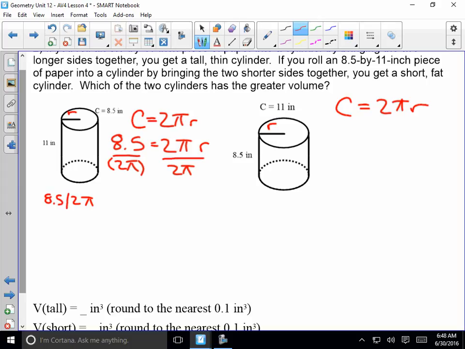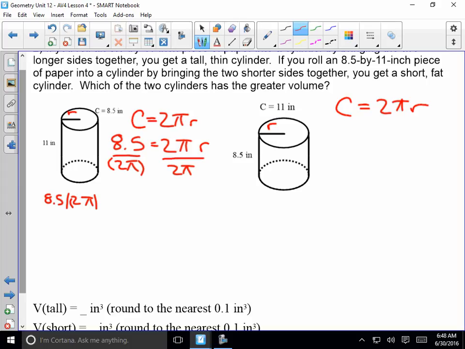If you type it in this way, the calculator is actually going to divide by 2 first and then multiply by pi. And that's what we don't want it to do. Okay, so you either want to do it as a two-step problem, divide by 2, enter, divide by pi, enter, or put the 2 pi in parentheses to make sure that you're getting that correct value.